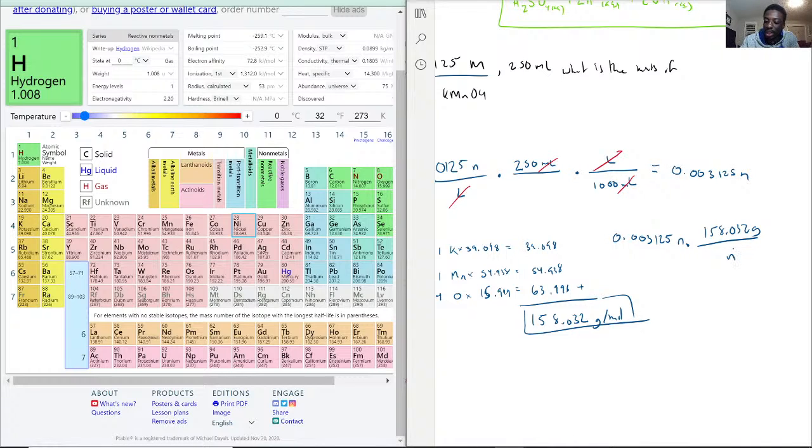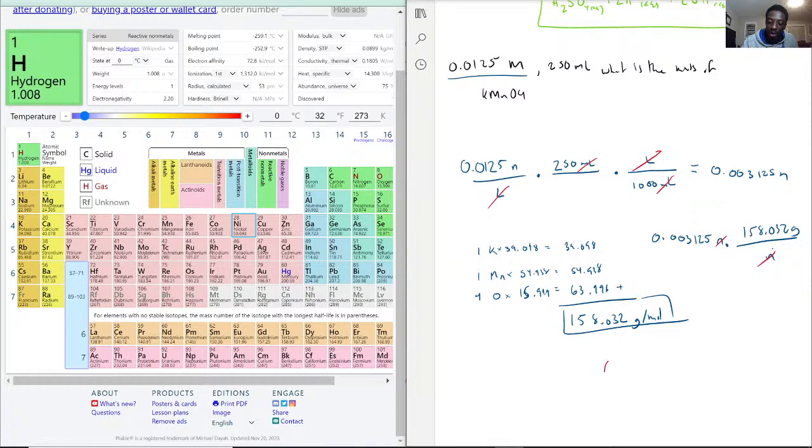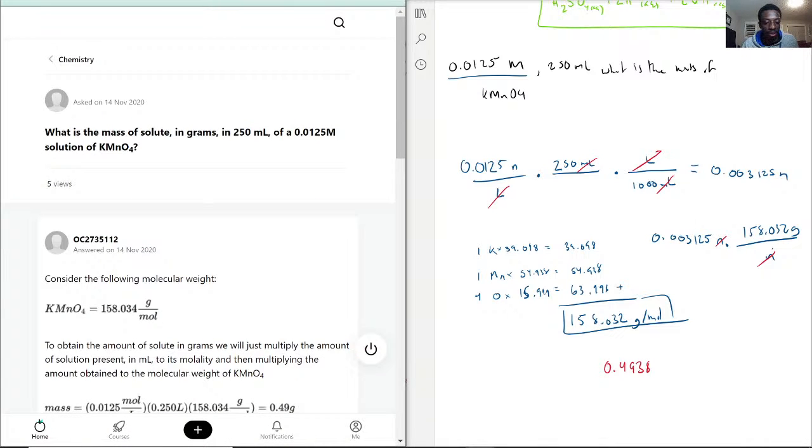The mole units cancel out, and what we get is 0.4938385.